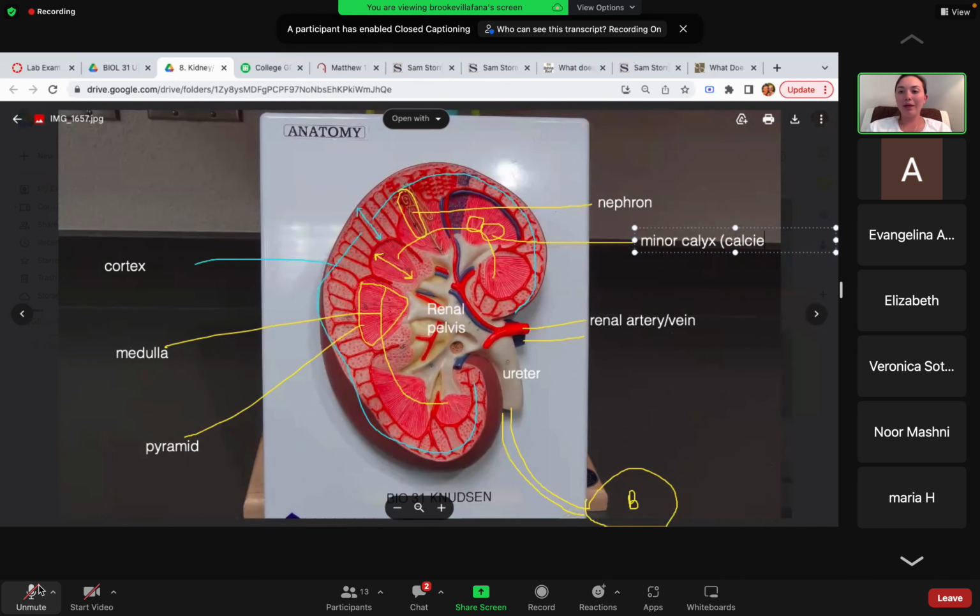So multiple calyxes would be calyces. And then they flow and join together into the major calyces, which are kind of the same shape, right? Again, kind of like a little funnel. So those are major calyx.